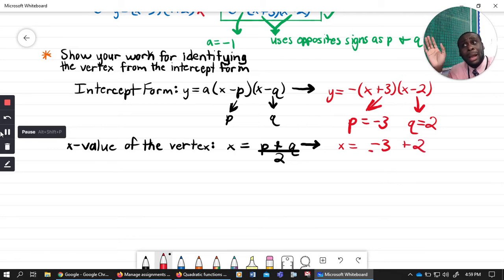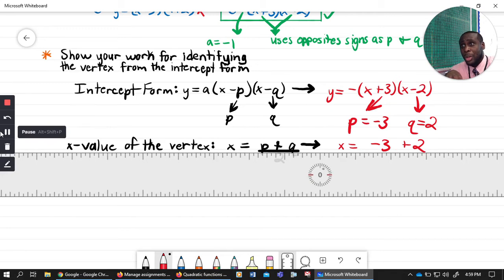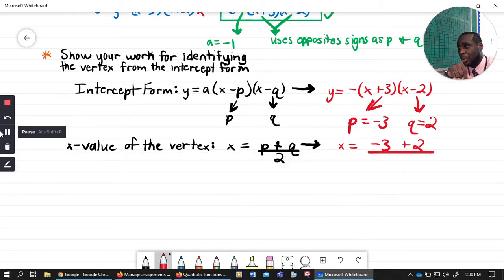I need you guys to know exactly how to calculate this the right way, because if you enter into a scientific calculator -3 plus 2 divided by 2, all together, it's going to come out wrong, guys.